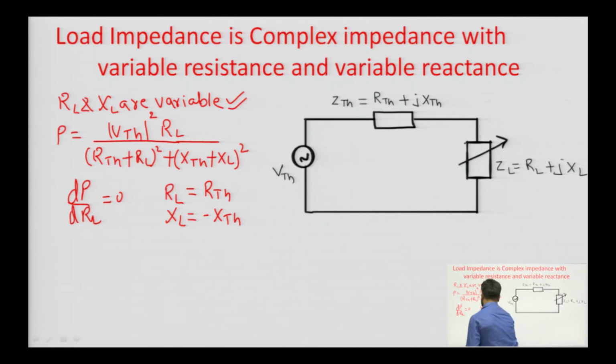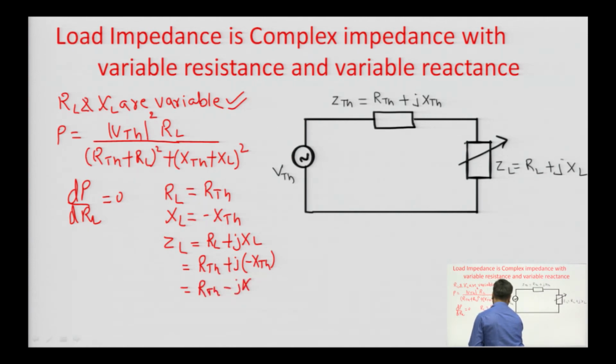Now, Z L equals R L plus J X L. So, it will be equal to R T H plus J into X L, which is minus X T H. So, we will get it as R T H minus J X T H, or Z L will be equal to Z T H conjugate.